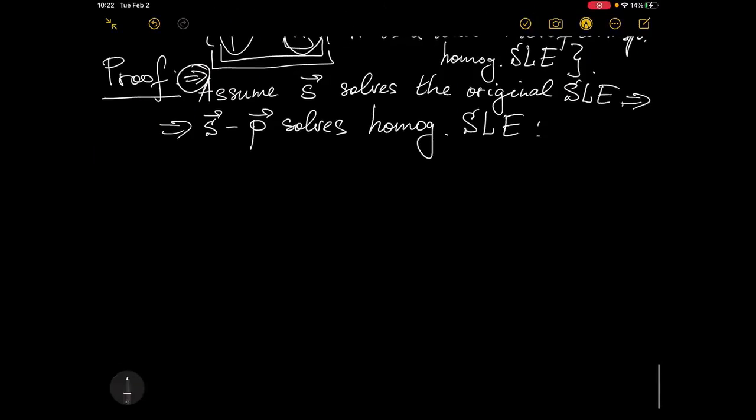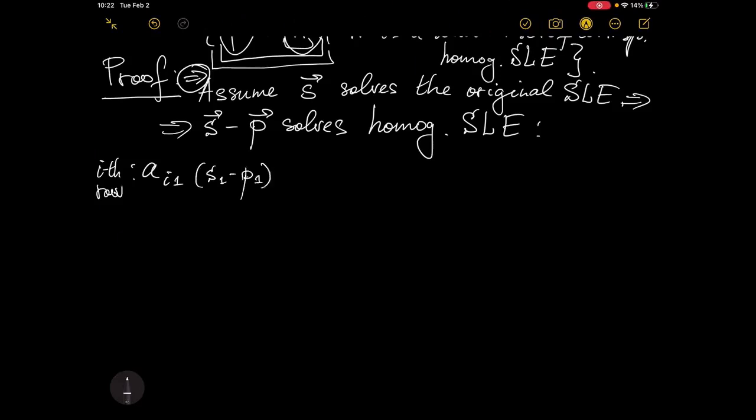Have a look. Let us substitute this into our system of linear equations. So we are getting, if I'm talking about the ith row, a_i1 times (S1 minus P1).